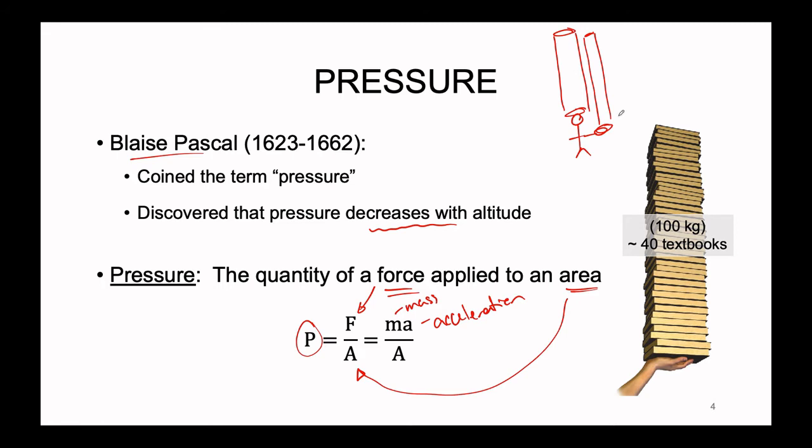To give more of a visualization, 100 kilograms is approximately the equivalent of 40 textbooks. So as you're holding your palm out, and I invite you to do so now, the mass of air in the column above you that provides atmospheric pressure against your open palm is approximately 40 textbooks, right? We have this mass of air pushing down on us all the time, and we don't even realize it because we're so accustomed to its feeling.